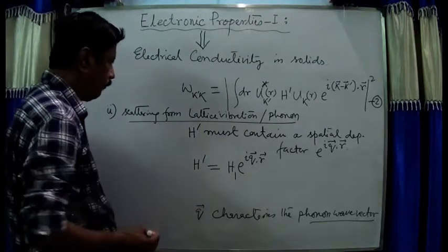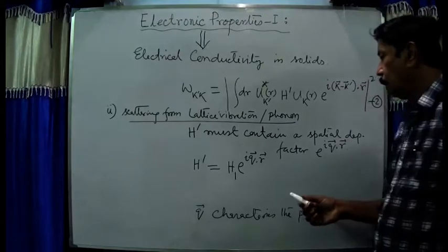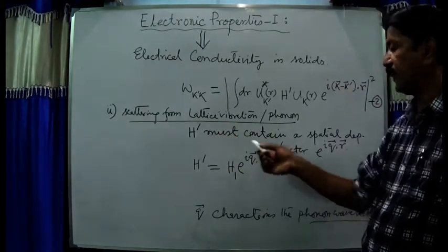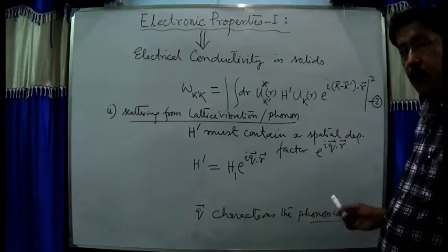So for scattering with the phonon, the perturbation Hamiltonian can be represented in this way, where Q characterizes the phonon wave vector.